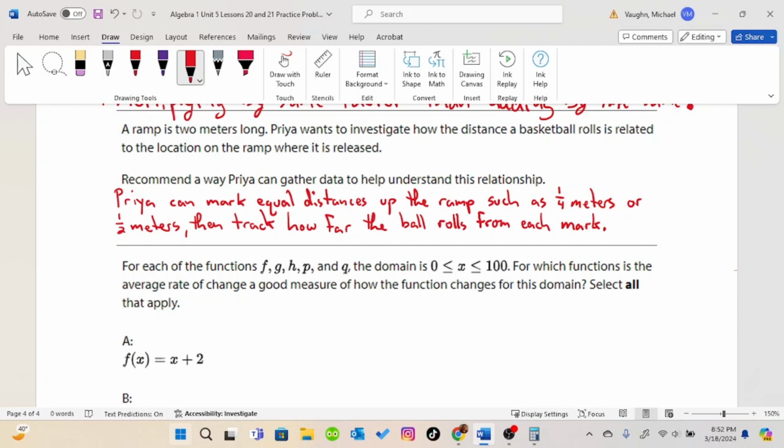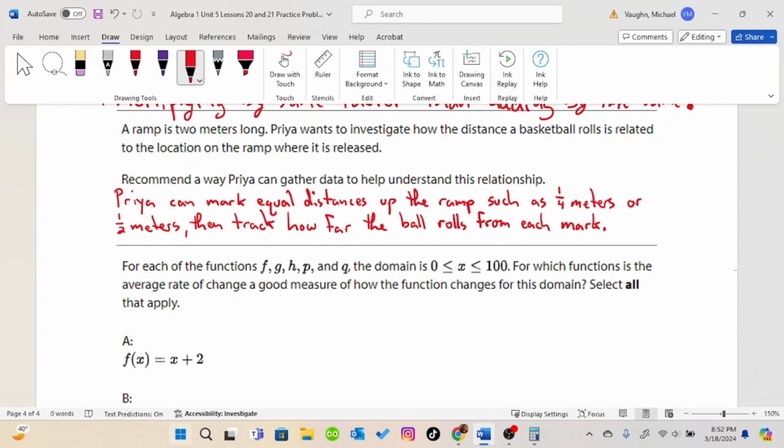So she could start the ball half a meter up the ramp, let it roll until it stops, write down the distance. Then she could start the ball rolling from 1 meter up the ramp, let it go until it stops, and measure the distance.